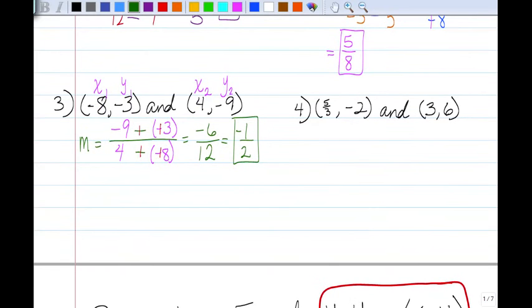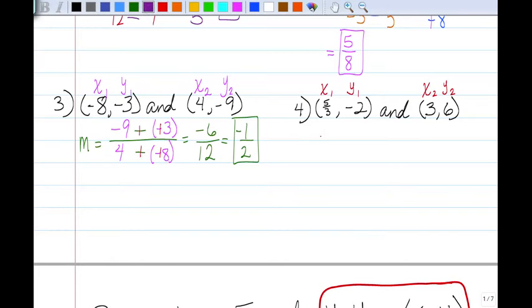Alright, number 4, same type of thing. Label x1, y1, x2, y2.